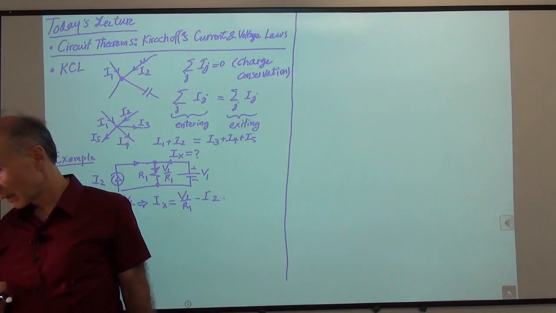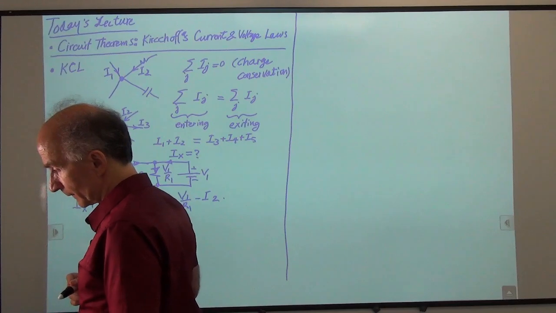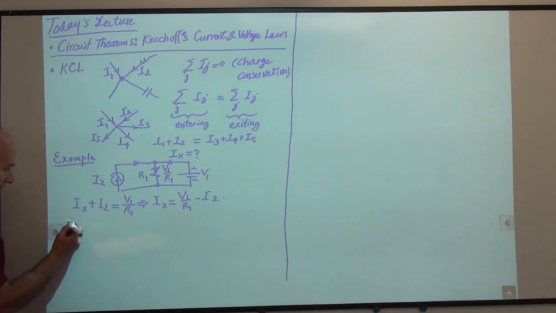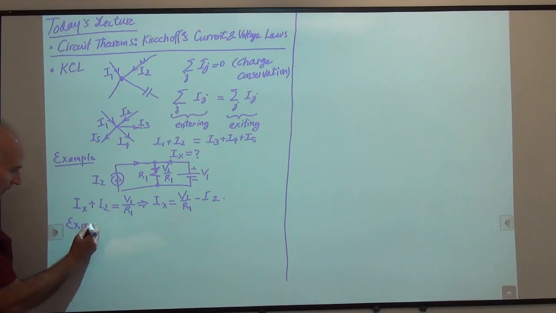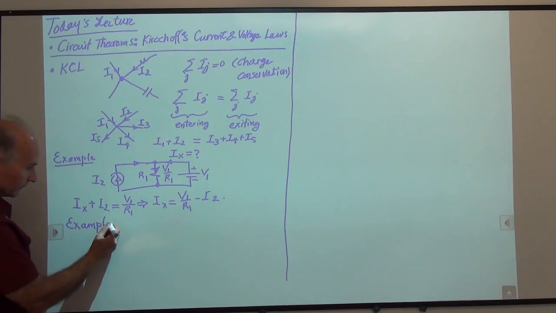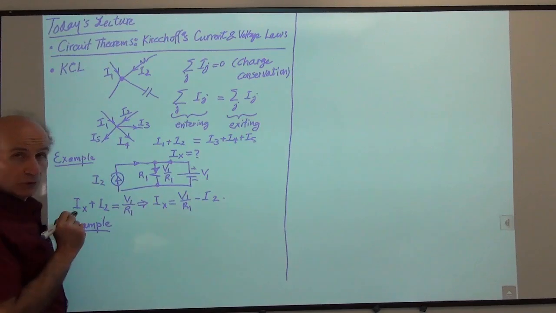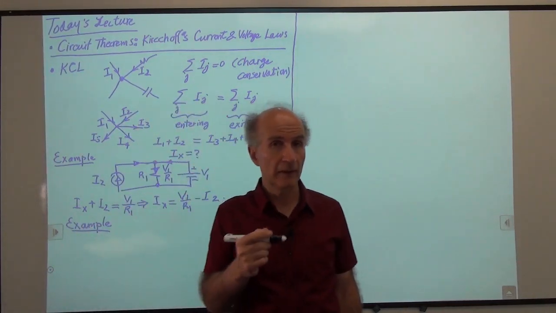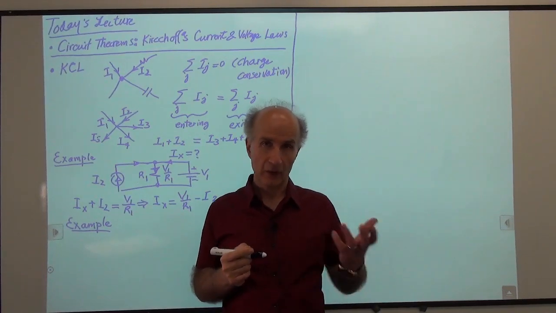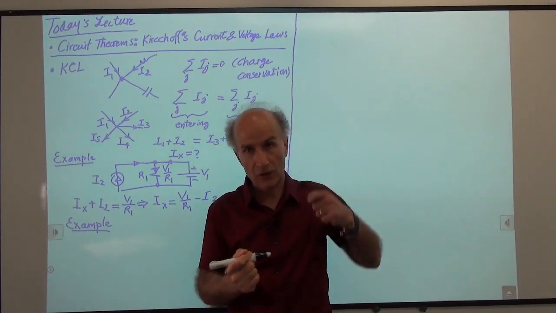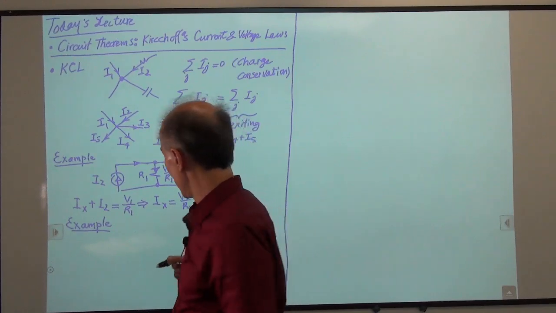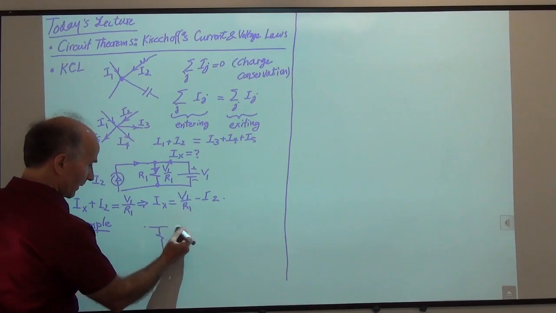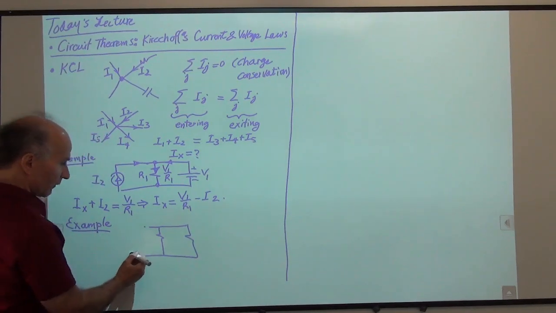All right, let's look at another example which relates to what we discussed last time. Last time I showed you the series combination of two resistors, and I calculated the equivalent resistance based on our technique of applying Vx and measuring Ix. Now I have two parallel resistors, and I would like to know how much the equivalent value is.